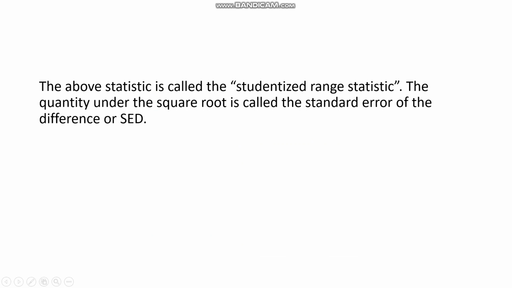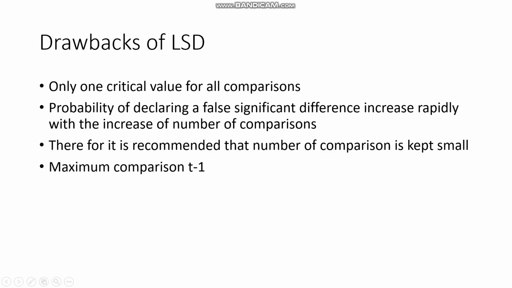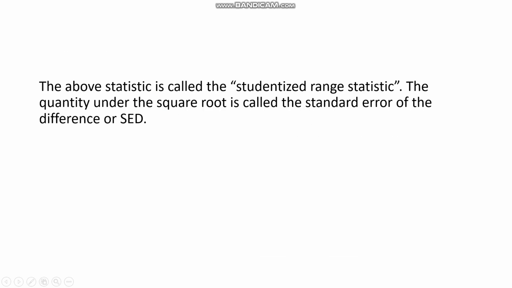Yes, the above statistic is called the studentized range statistic. The quantity under the square root is called the standard error of the difference, or SED. So SED represents the standard error of difference.